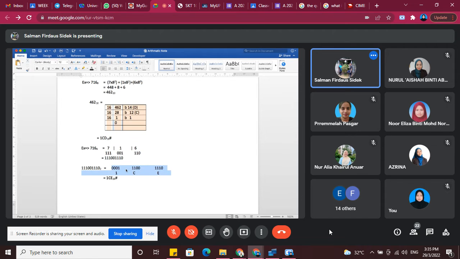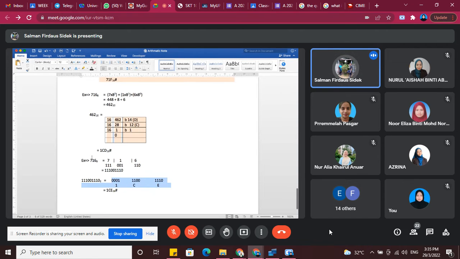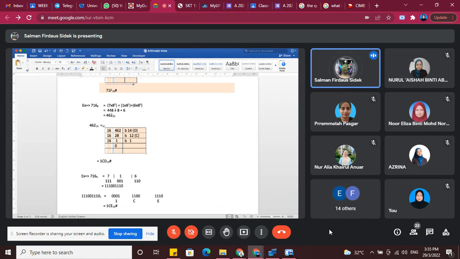Kenapa yang ni jadi 1 C D? Okay, buat balik 716, 8 kuasa 2 is 64. 64 kali 7 berapa? 448. Okay, dah betul. Yang ni 8, yang ni 6. 448 campur 8 campur 6.